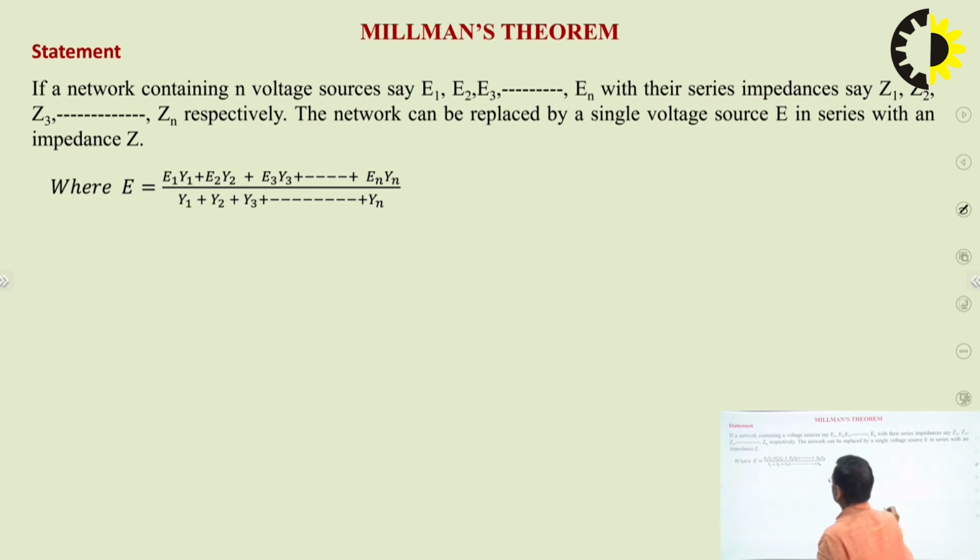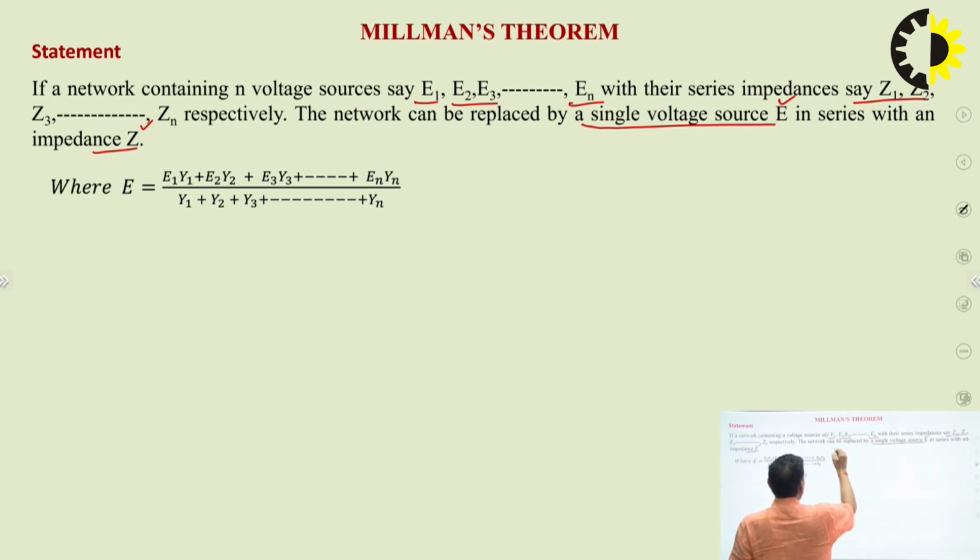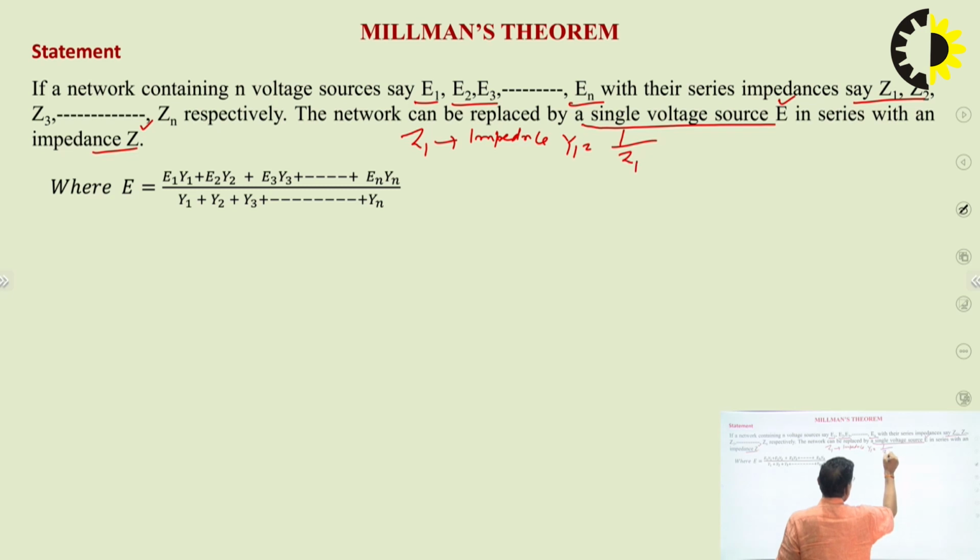So, if the network contains n voltage sources, say E1, E2, E3, En, with their series impedances, say Z1, Z2, Z3, Zn respectively, then the network can be replaced by a simple network containing a single voltage source E in series with an impedance Z. The value of E and Z will be given by these expressions, where E is E1 Y1 plus E2 Y2 plus En Yn divided by Y1 plus Y2 plus Y3 and so on. Here Y1 is the admittance, Y1 is 1 by Z1.